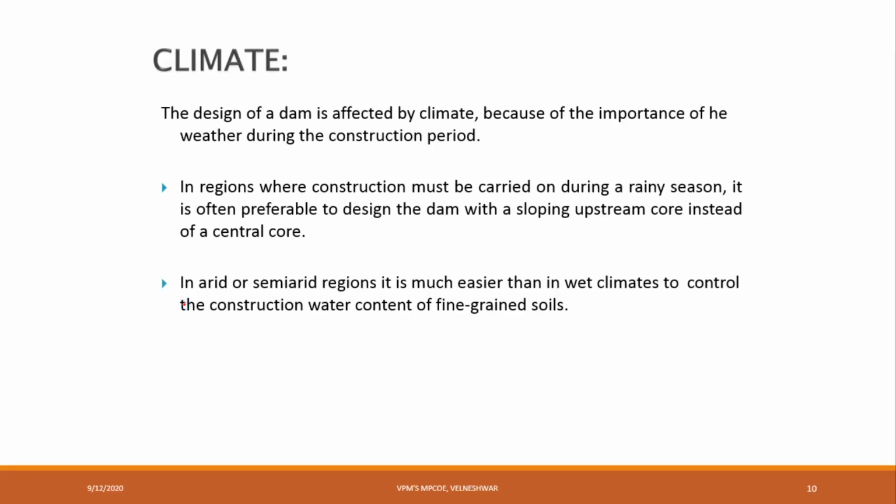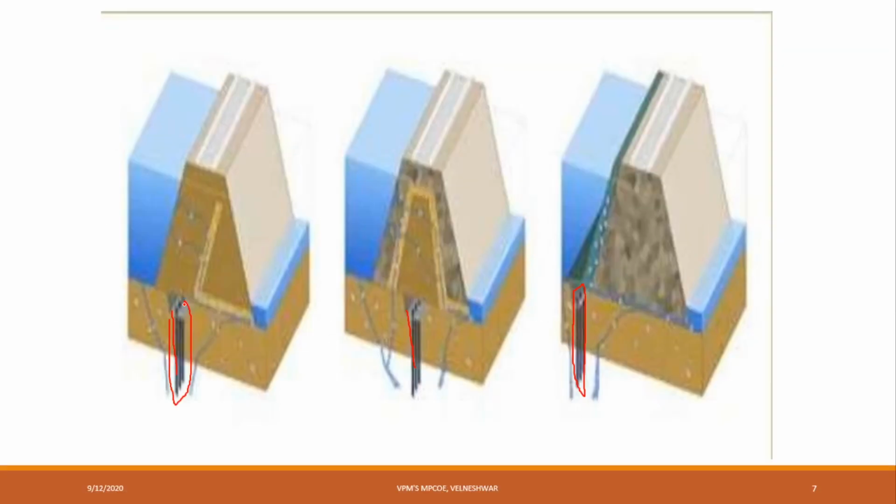Next, climate. Main climatic conditions we also have to see. The design of a dam is affected by climate. Obviously, climate condition is most important because we are providing only soil here. In regions where construction must be carried on during a rainy season, it is often preferable to design the dam with a sloping upstream core instead of a central core. Generally, here upstream core means, see here, thick core.